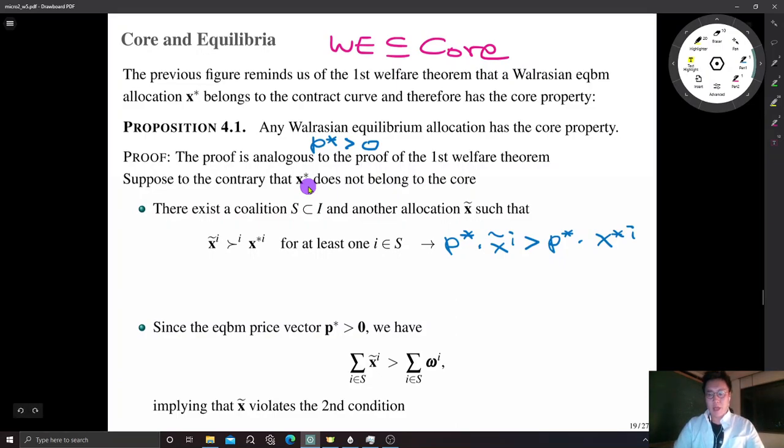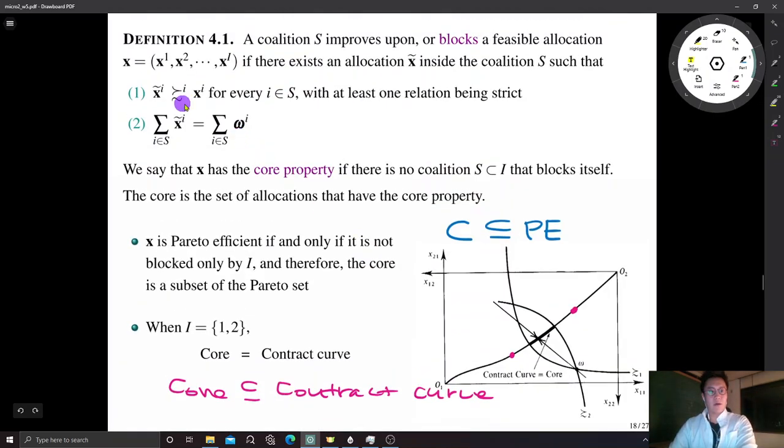And then we know that P star dot X star is on the budget set, so it equals P star dot his endowment. That's the market value of his endowment. And this is true for every member i inside the coalition. And then we have one strict inequality for at least one consumer, because at least one preference relation is strict.